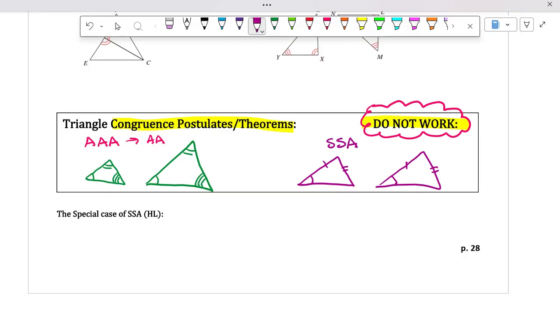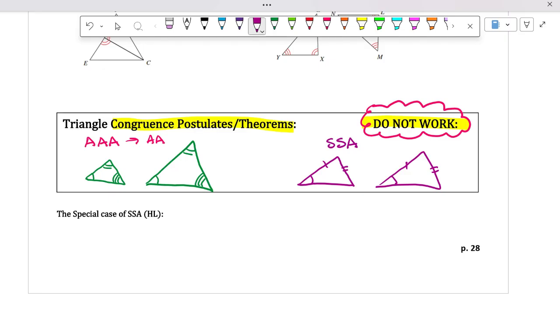Now, why does it not work? Well, it doesn't work because even though these two sides are congruent, remember what I said, this angle between them, if it's not already marked, could be anything. That's why side angle side works.